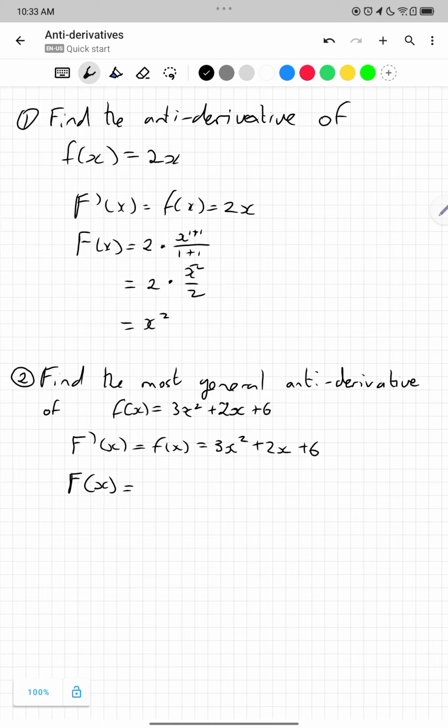It's the same in this case. We anti-derive each component independently from the other.